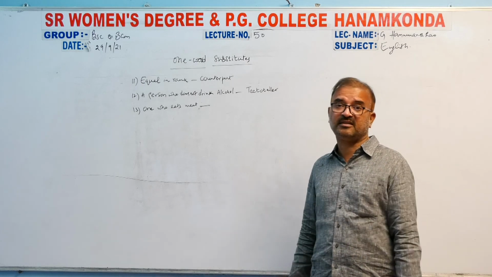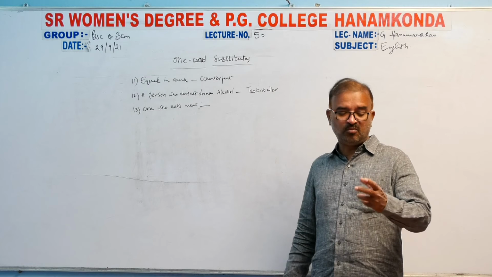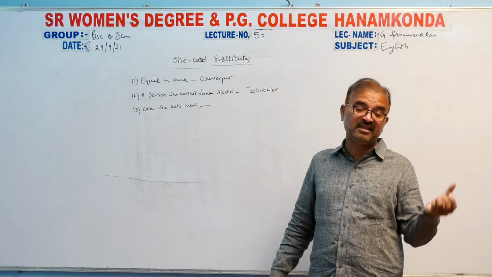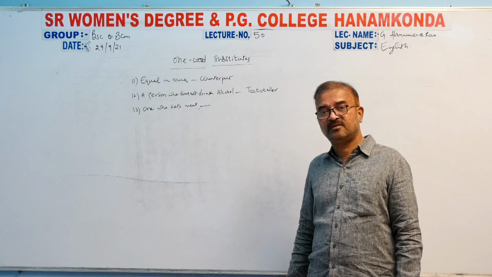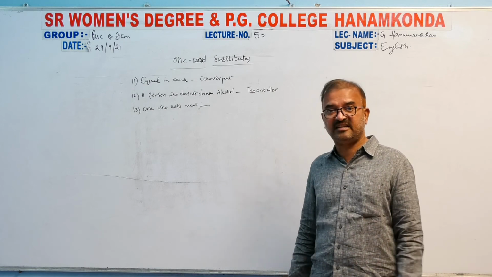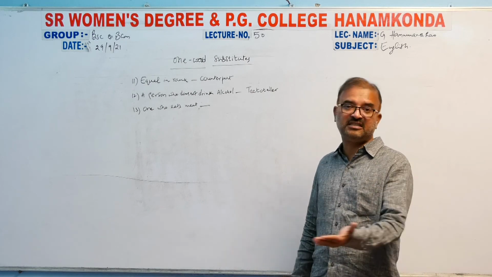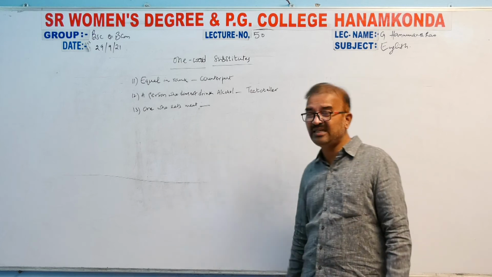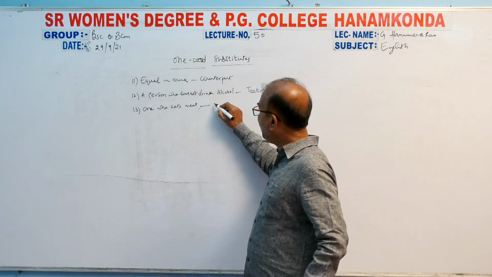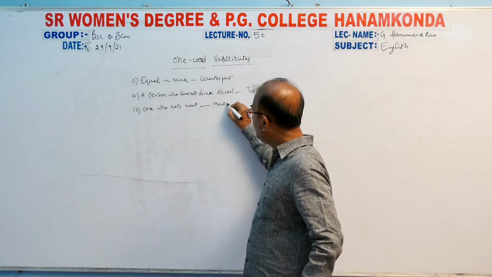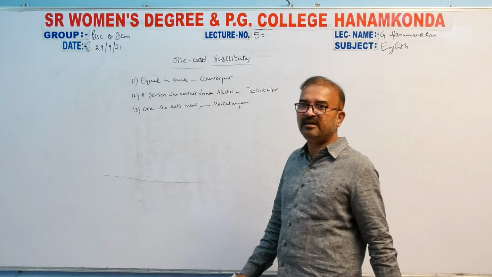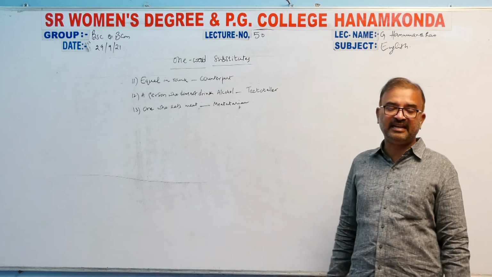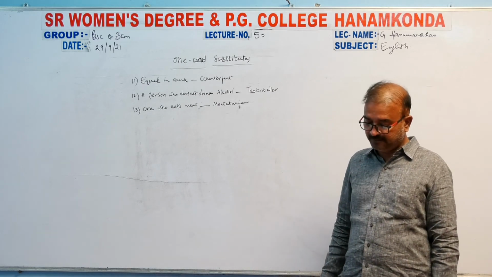That means one who takes more non-vegetarian items than vegetable items. What can that person be called? One who eats meat is called a meatitarian. Okay.